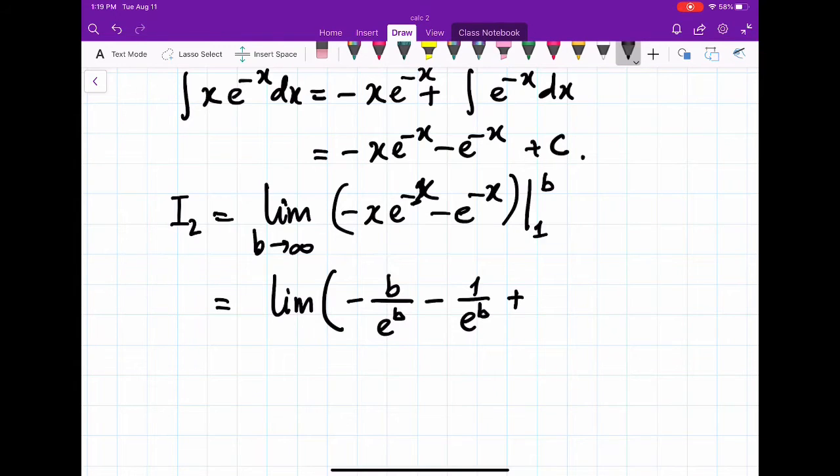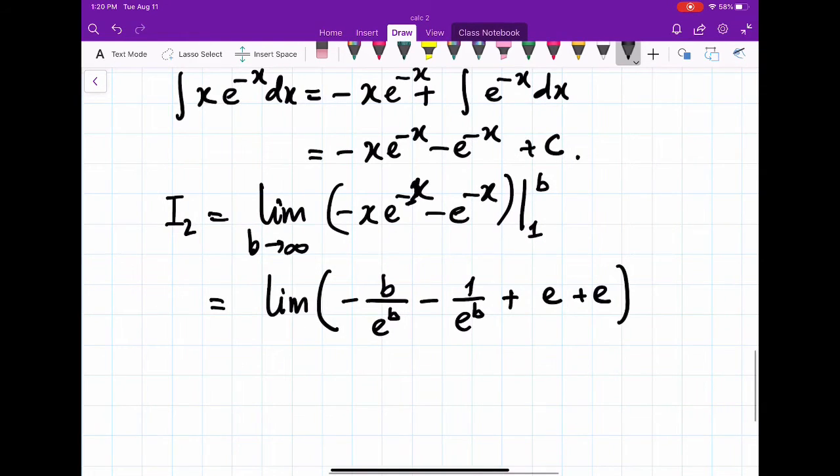We have negative with negative, so plus e, and then plus e. Interesting. Is that correct? At 1 you have 1 right here and 1 right here.